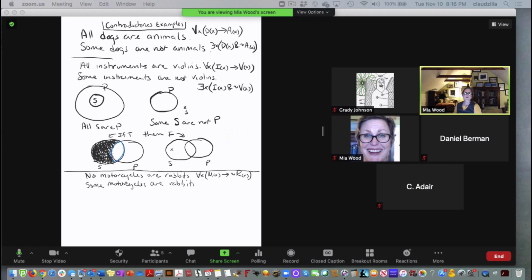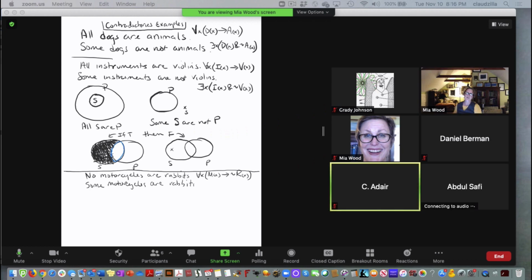We talked a little bit about the arrow, but we really didn't talk about why the negation goes on the right side of the arrow for the universal negative and why the negation goes on the right side of the conjunction for the existential negative, but we'll get there. Here again, I'm capitalizing on what we know to be true and what we know to be false.